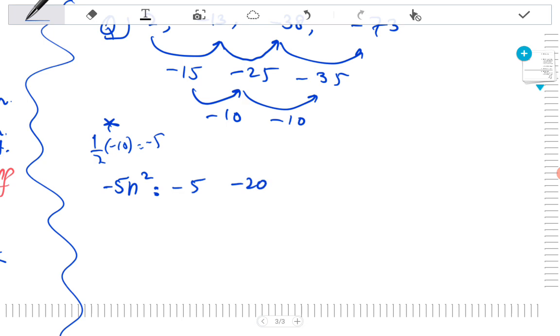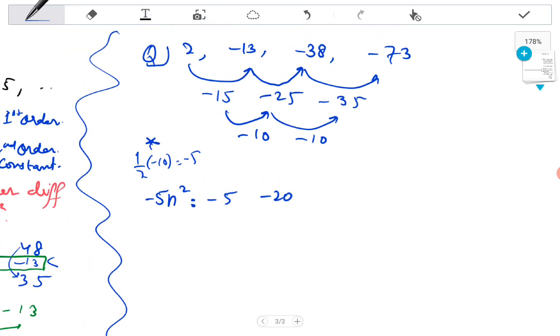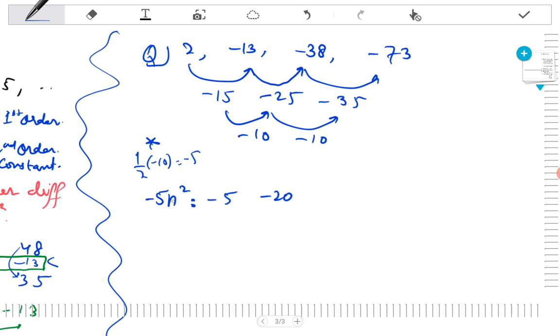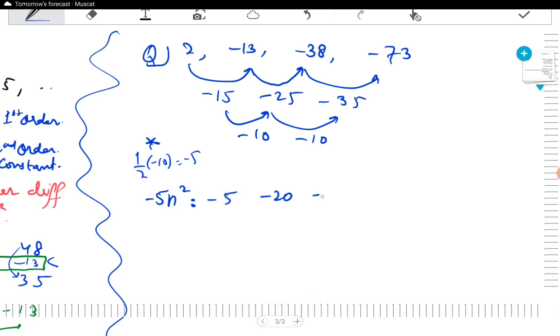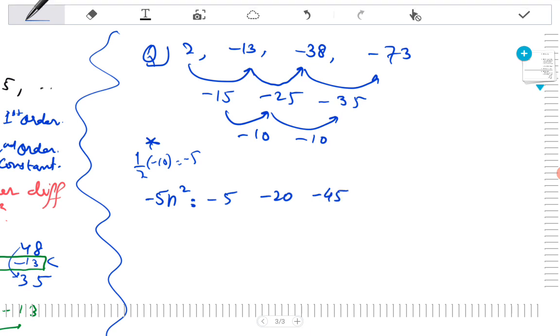The next term, n as 3: 3 square is 9, 9 multiplied by 5 is 45, and the negative sign makes it minus 45.